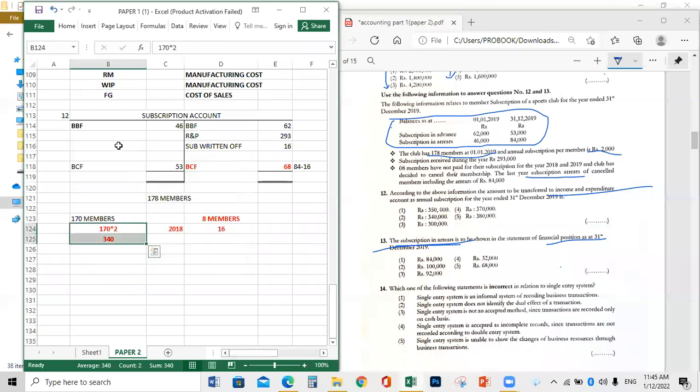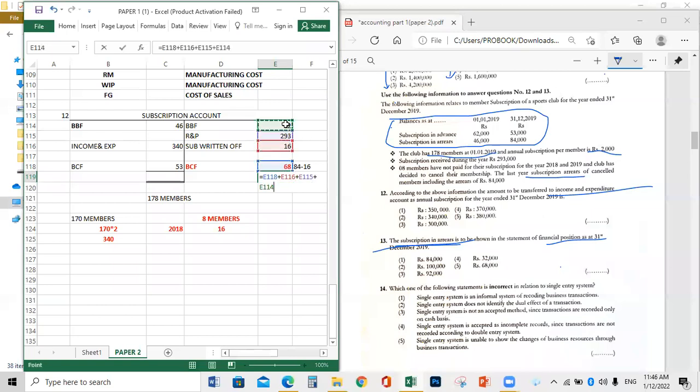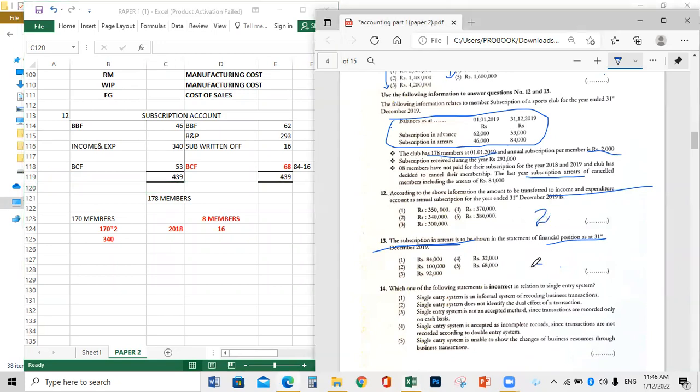So guys, under the income and expenditure, your income will be 340,000. Let's see whether this one tallies. Both sides should tally. Yes. Guys, are you all clear? So the answer is the second one and the fifth one.